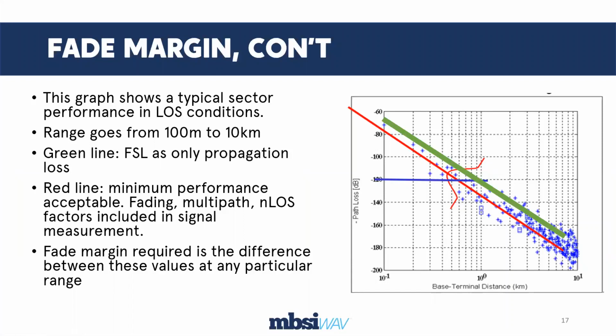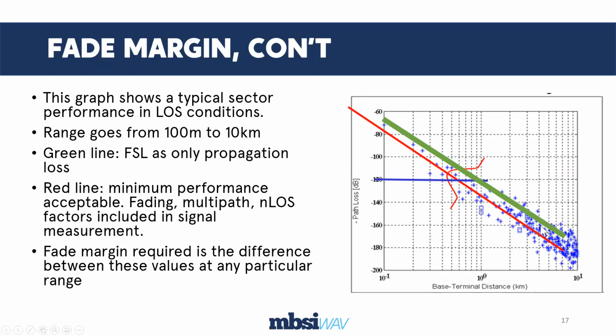What we've done in this case is measure all of the CPE locations that we plan to install on a particular sector, and I plotted them on a graph. In this particular case, I've got CPE locations between 100 meters and 10 kilometers. As you see, as we get farther and farther out, and this is all still line of sight, my signal becomes more variable.